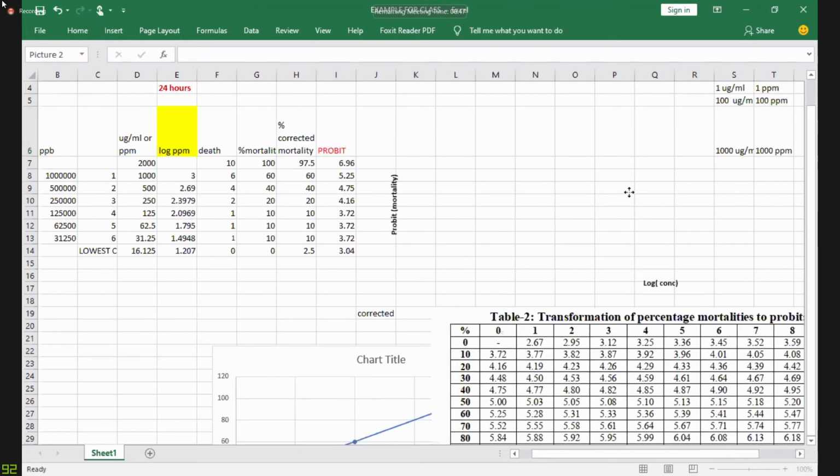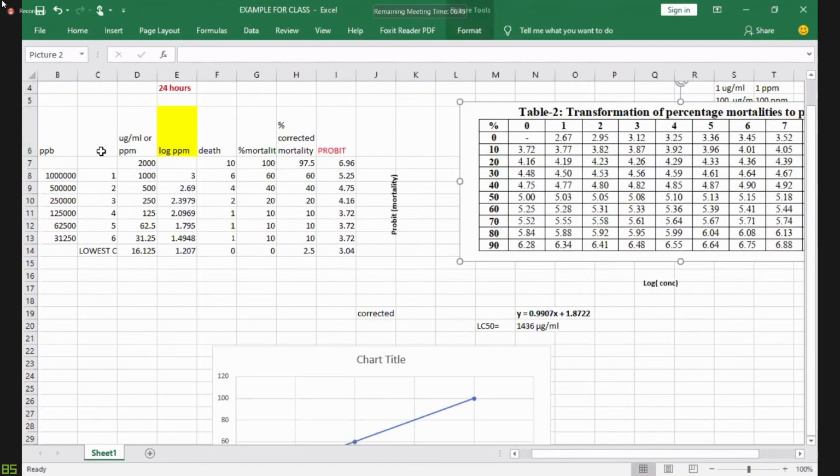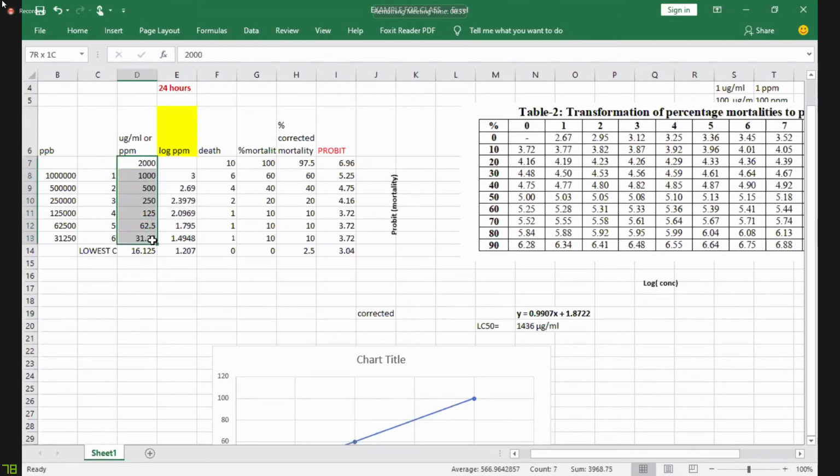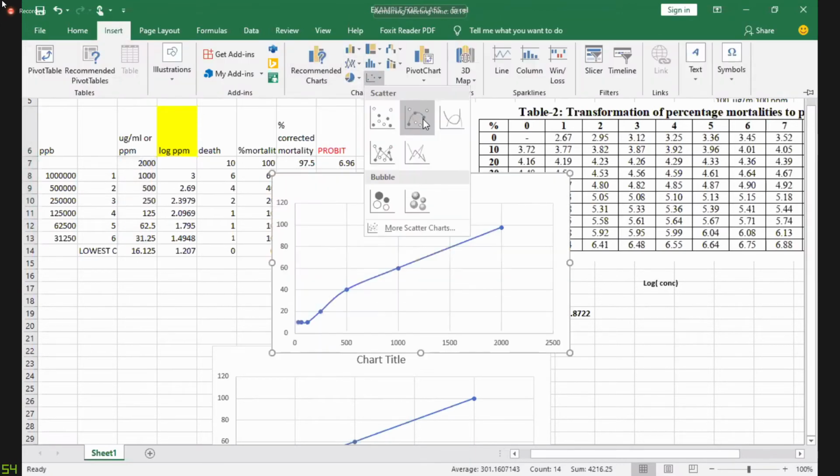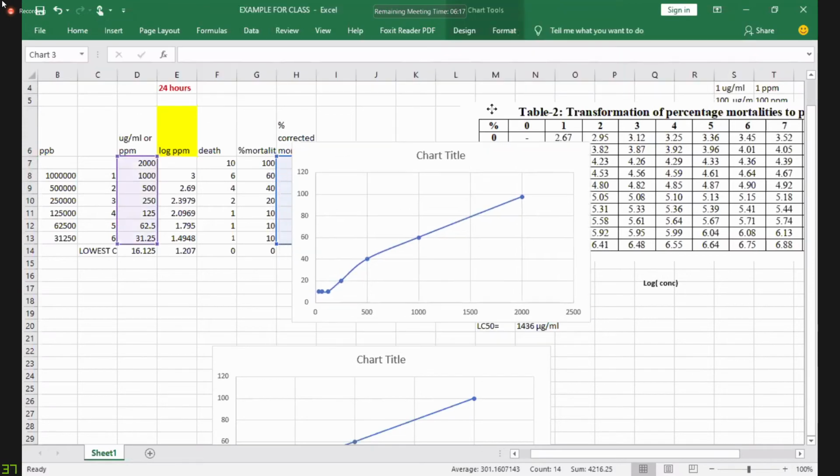The sigmoidal graph is achieved by plotting concentration. You can have a different concentration of this based on one. You can plot this versus percentage of mortality. Insert. Quite a nice curve.